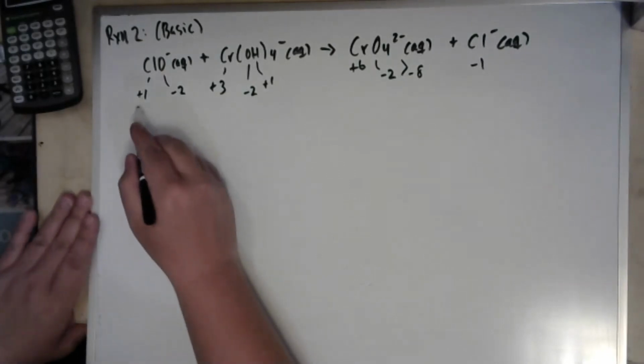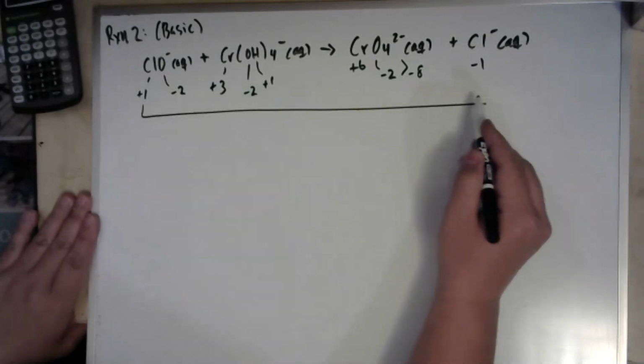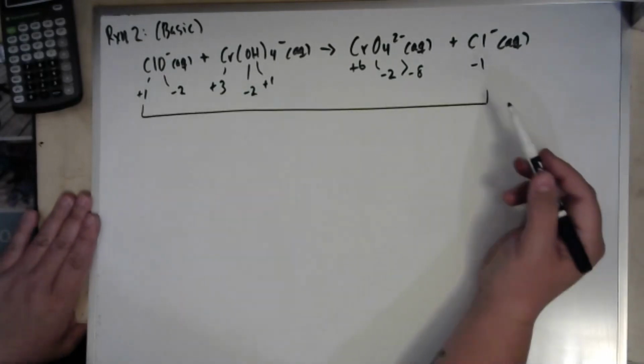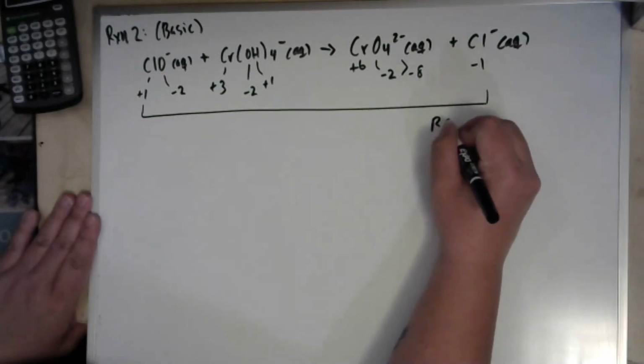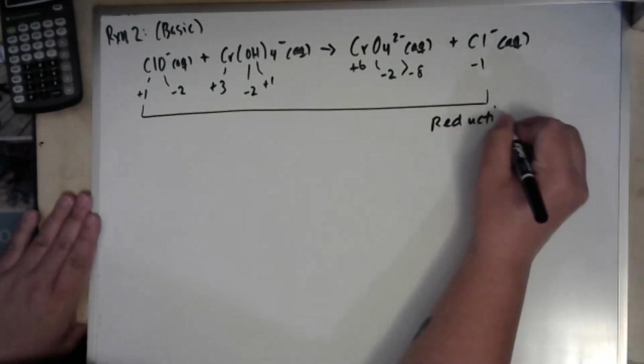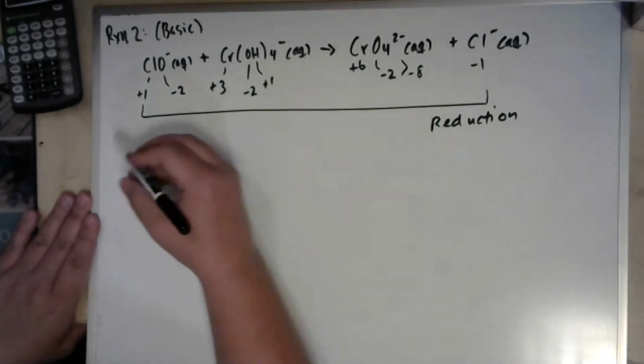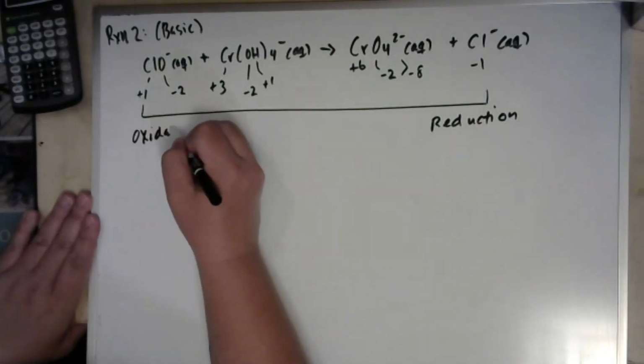So now we're going to trace this. Our chlorine is going from +1 to -1. That's going to be reduction. Our chromium is going from +3 to +6. That's oxidation.